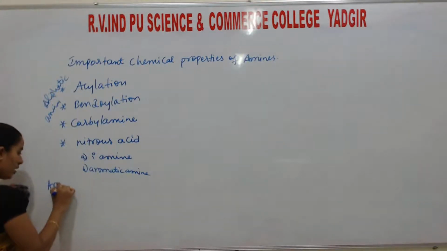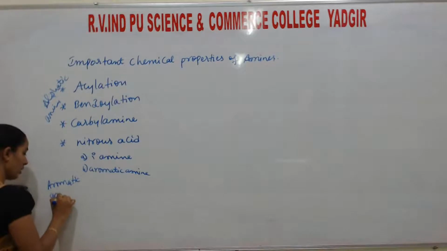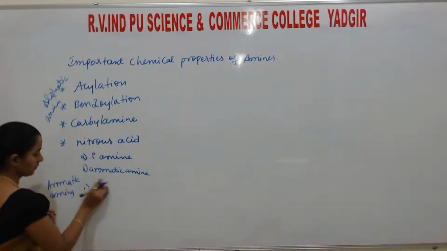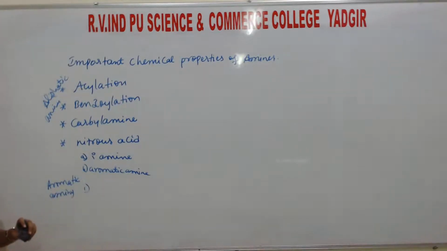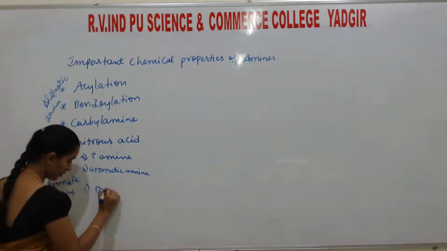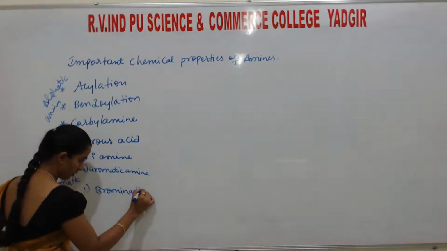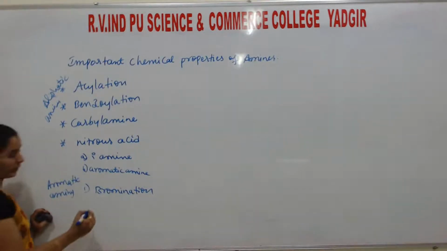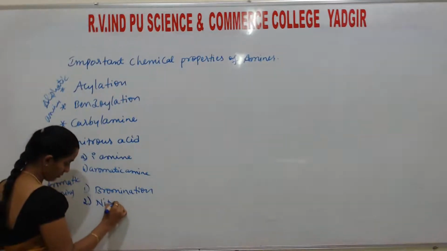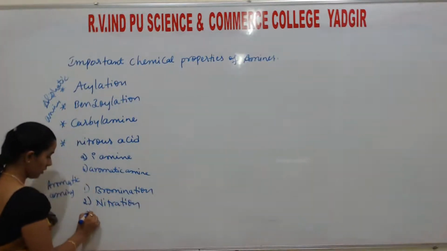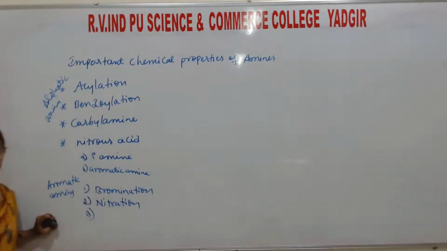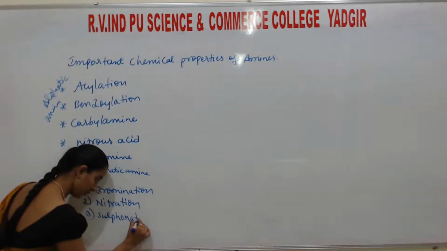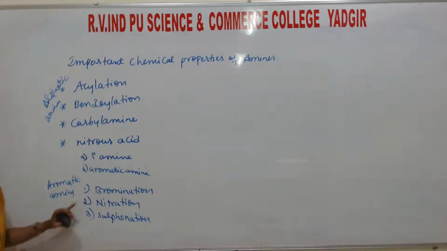Next, aromatic, specially aniline, undergoes acylation, bromination, nitration, and sulfonation.